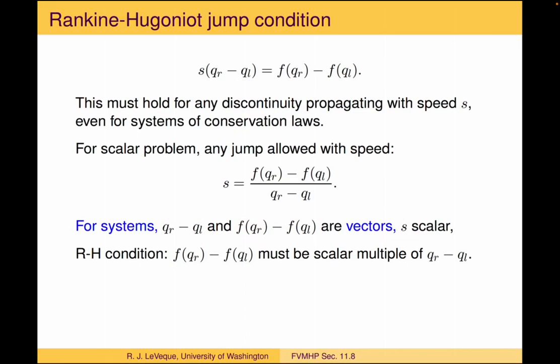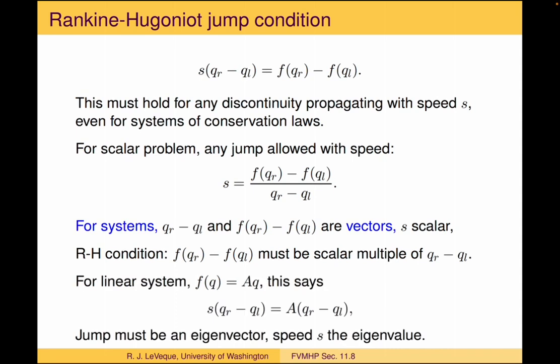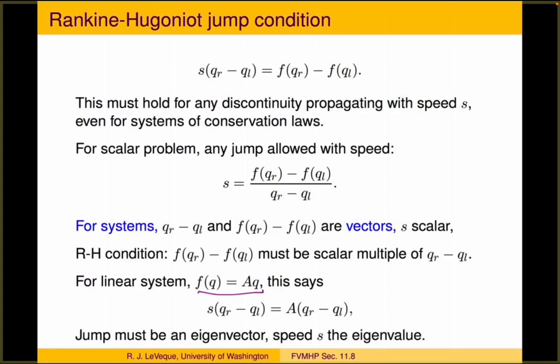We've already seen a particular case of that for a linear system of equations. For a linear system of equations, we have f of q is just A times q. And so f of qr minus f of ql is just A times qr minus ql. And so that says that A times qr minus ql has to equal a scalar multiple of qr minus ql. Well, that's exactly the condition that says that the jump qr minus ql has to be an eigenvector of the matrix A, and s, the scalar, has to be the corresponding eigenvalue of the matrix.